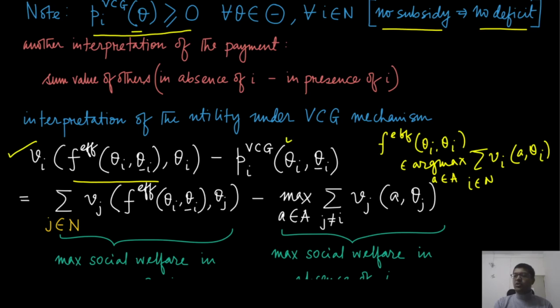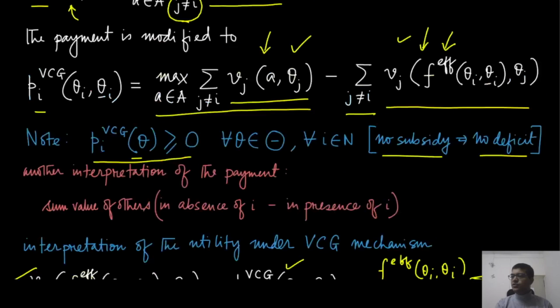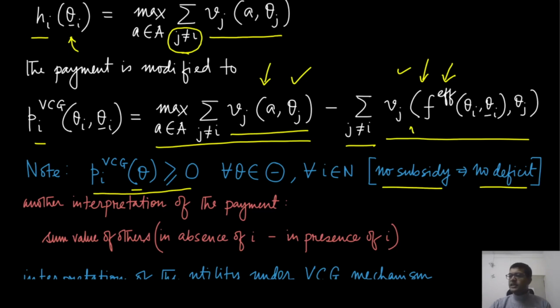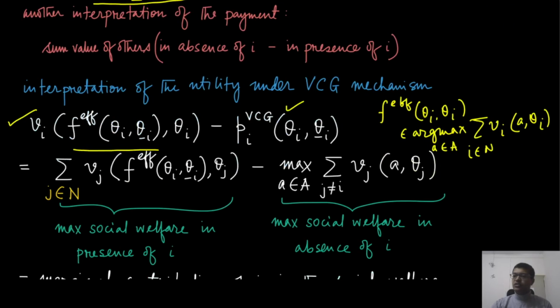Now we expand out the payment function and we can rearrange. You see that the second term has f efficient. When you take the negative of it, the sign becomes positive, and that gets added to the first term, and therefore you get this expression, the sum of the valuations of all the players including agent i.